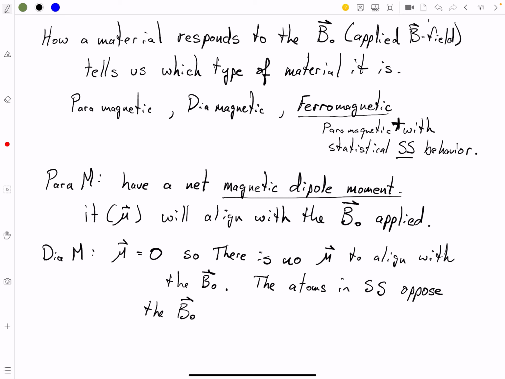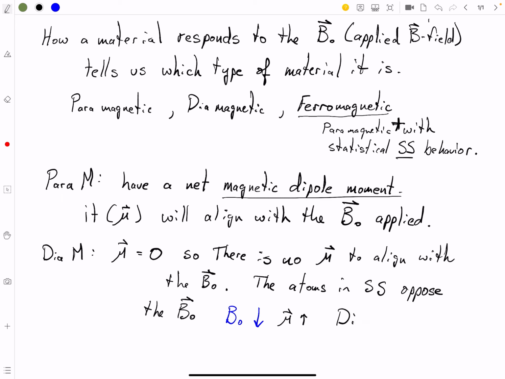And instead of aligning with, so let's say our B naught points this direction, our mu points in that direction. Okay, or wants to. You know, the thermal stuff will still knock them around, but it still wants to go that way.